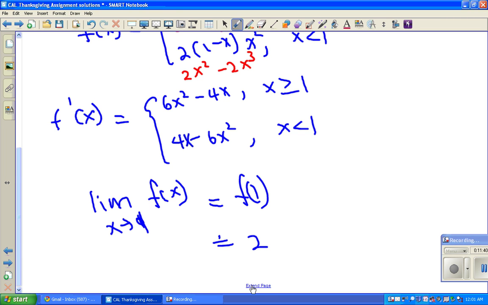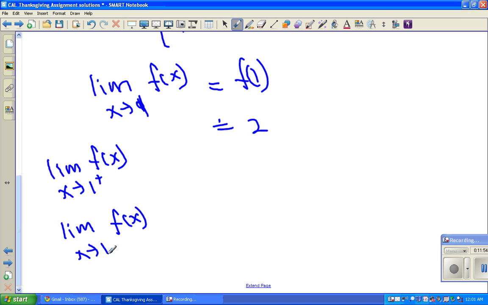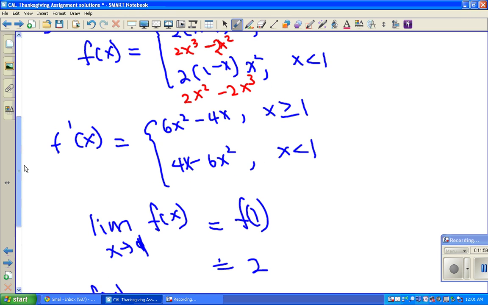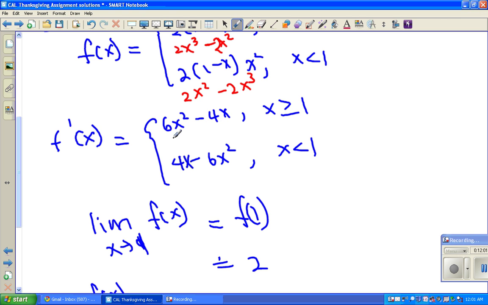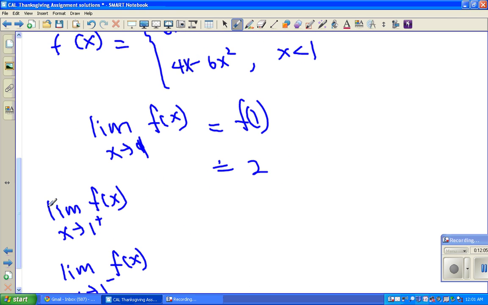That portion can be written as the limit as x approaches 1 from the right, and then the limit of f of x as x approaches 1 from the left. Now, as it approaches from the right, we can just look into this one. We know that to be equal to 2.